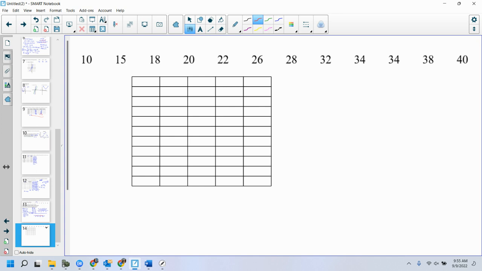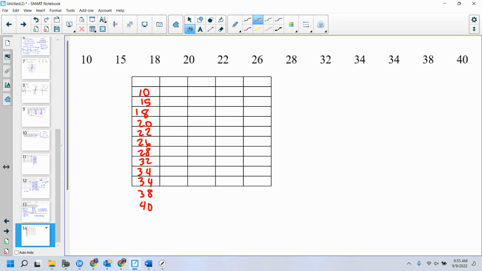Okay, so if I want to find my variance and my standard deviation, I've got to do all those calculations. Let me start with my data: 10, 15, 18, 20, 22, 26, 28, 32, 34, 34, 38 and 40.